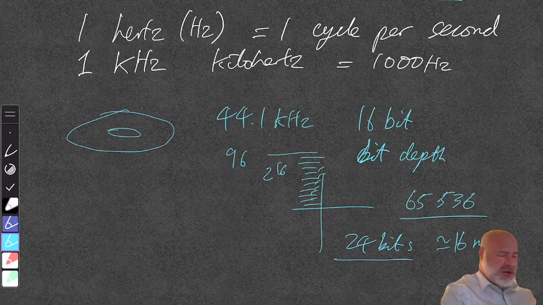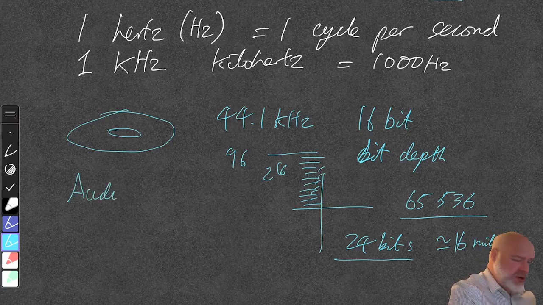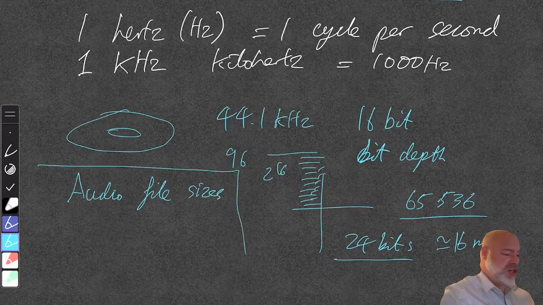So we're going to look at some questions in a minute, but just before we do, let's have a look at audio file sizes, because these are typical kind of questions that you'll need to work through.